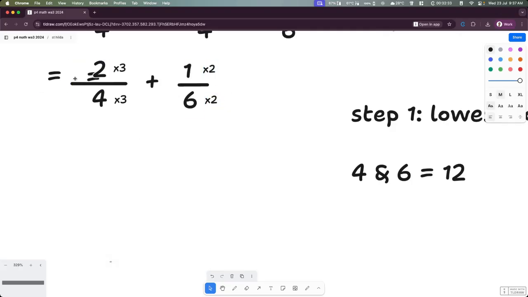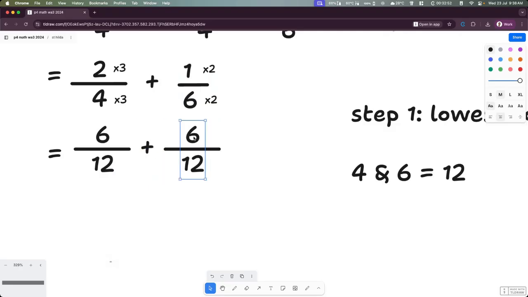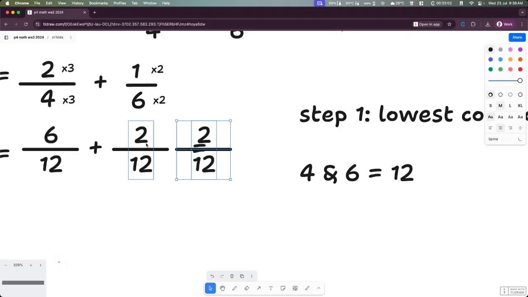So now 2 out of 4 will become 2 times 3 equals 6, and 4 times 3 equals 12. Very good. And 1 out of 6 will also become 2 out of 12. Now we have 6 out of 12 plus 2 out of 12. This equals 6 plus 2 equals 8 out of 12.